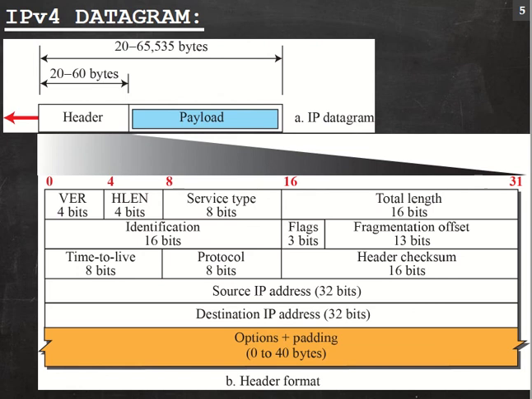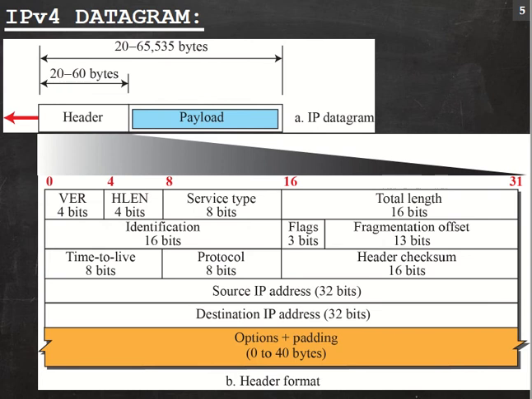Each time it crosses a router, the value decrements by 1. Once the value becomes 0 and it still moves to the next router, that router, looking at the time to live value, if it is 0, will simply discard that datagram.